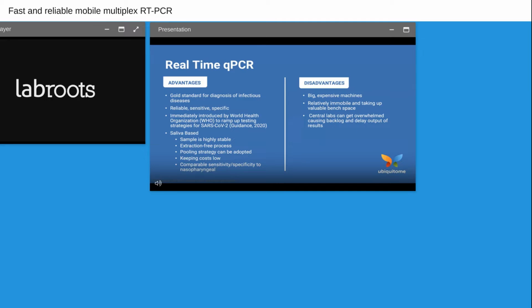If you've ever worked in a centralized lab or a hospital lab, you'll often see big, bulky machines that perform real-time qPCR, but they're often attached with a hefty price tag, some of which will definitely be out of reach for labs in low resource settings. They're relatively immobile, taking up valuable bench space that could be allocated for other important tasks as well.